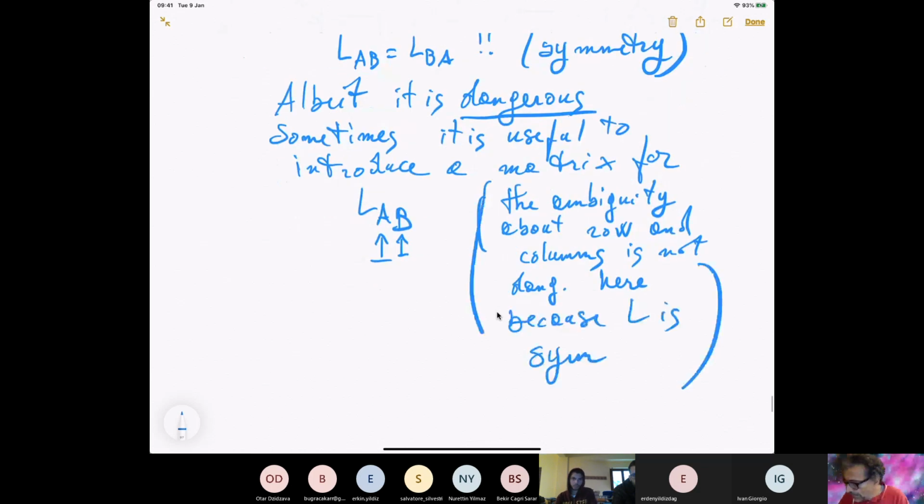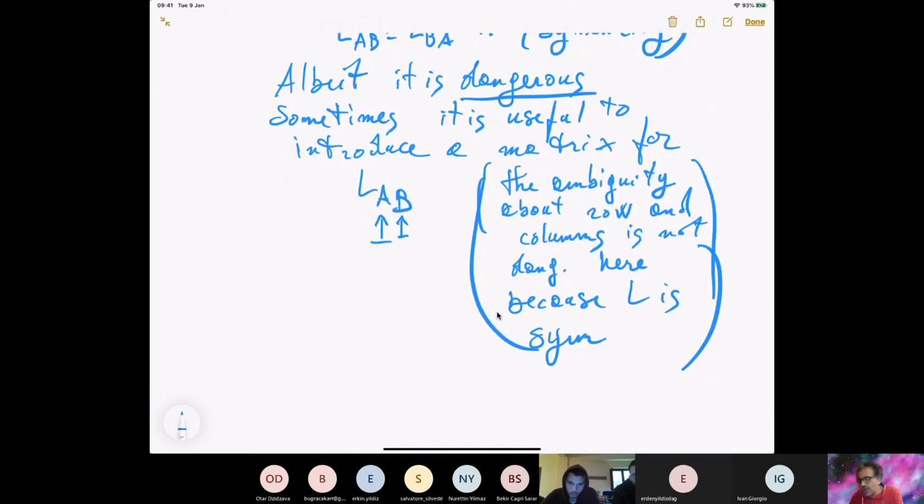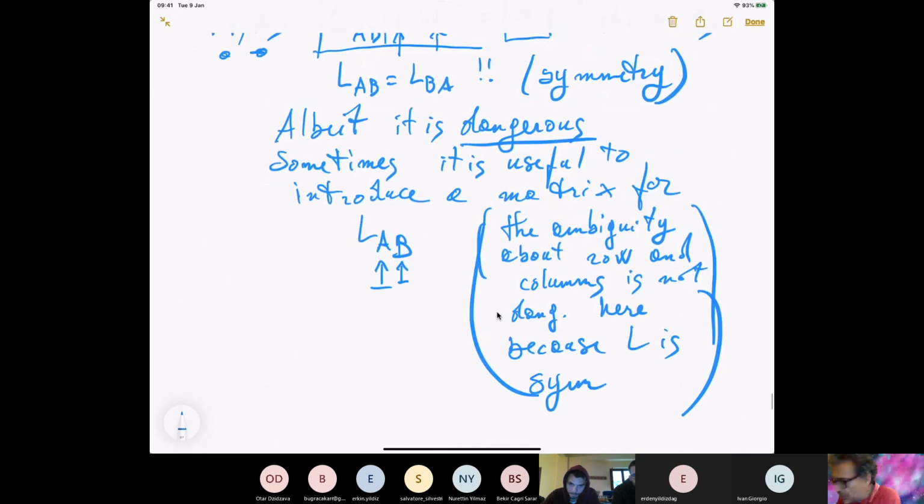So we will not get any terrible effects if we don't specify which are the rows and which are the columns in the matrix representation of an inner product. Okay?